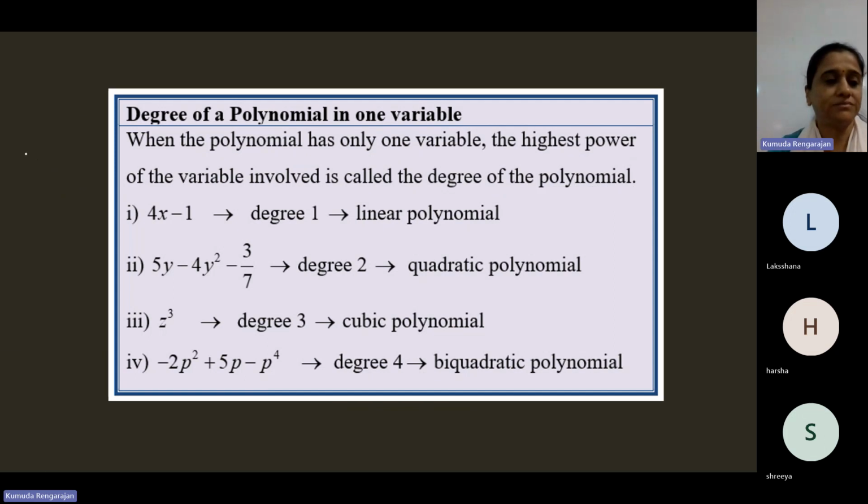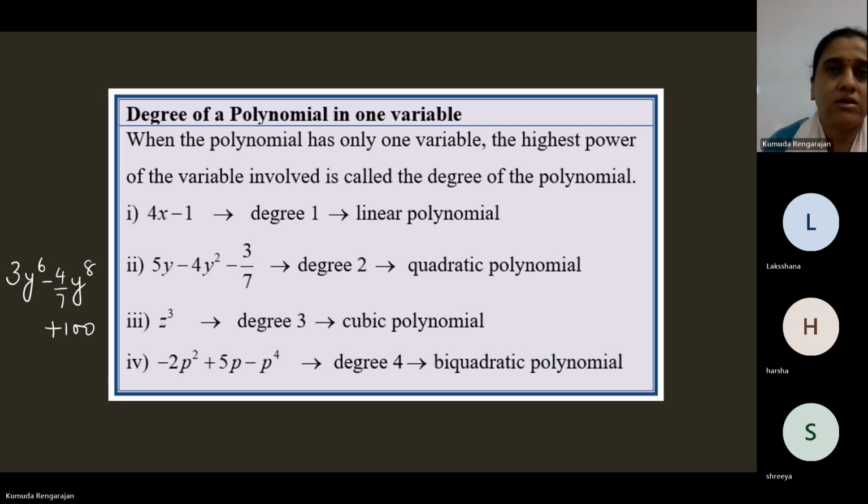One more example. 3y to the power 6 minus 4 by 7 y to the power 8 plus 100. This is one expression. How many terms? 3 terms. Now in the first term, what's the variable? y.